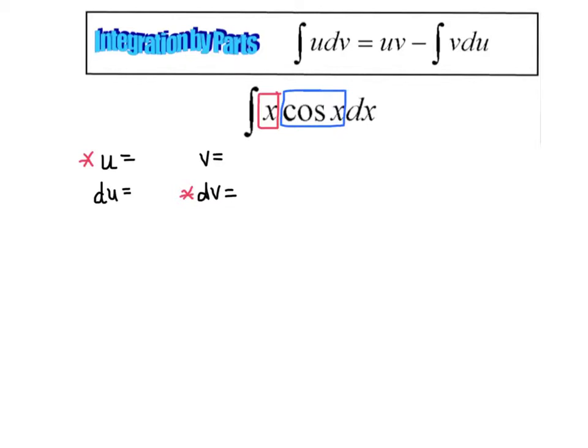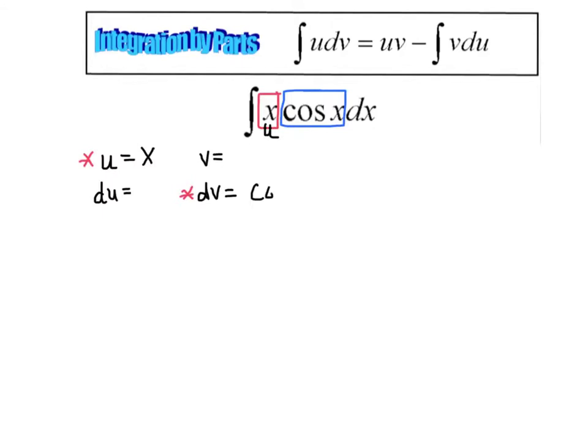Okay, so we need to pick one that if we found the derivative of it, it would make our life a lot easier. That's going to be our u. I'm going to start by picking x, and I think you'll see why here in a minute. So if this is my u, then the rest of it is dv.